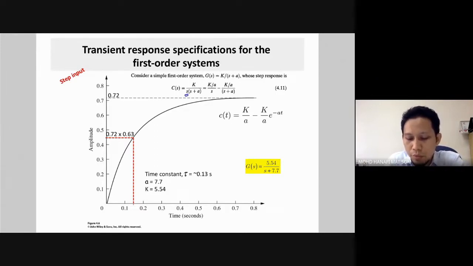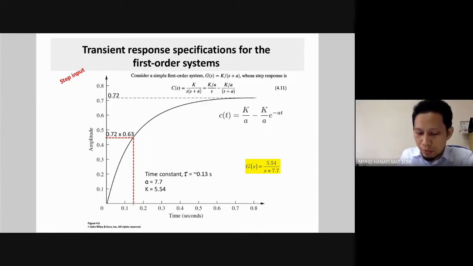When you find the partial fraction, what you get is K over a over s minus K over a over s plus a. And then you have been given this plot. Find the transfer function of this plot. Just given the plot here, the first order system plot, you need to find the transfer function.